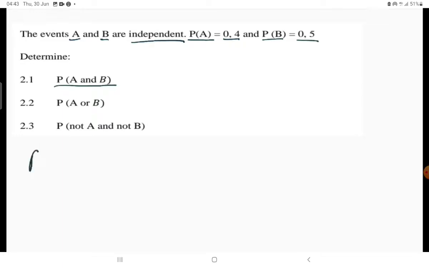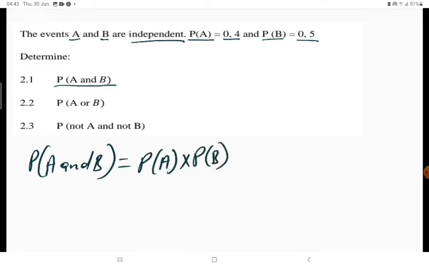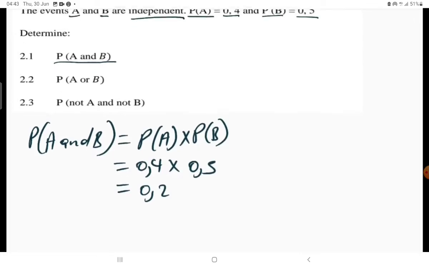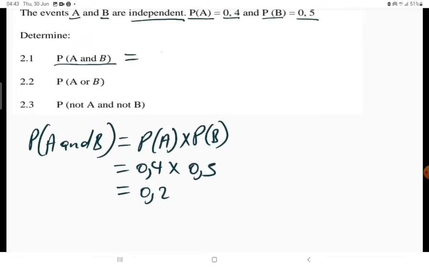That means probability of A and B is equal to probability of A times probability of B. For them to be independent, the probability of their intersection must be equal to the product of their probabilities. So now we have 0.4 times 0.5, which is going to give us 0.2. Yes, that is 0.20. So this one is now 0.2 for independent events.